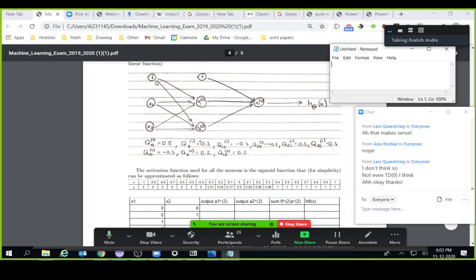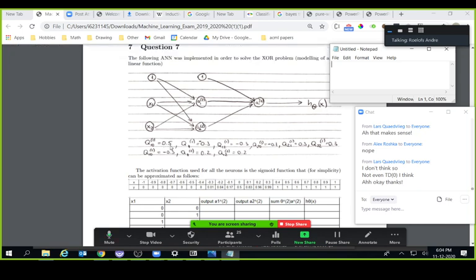the first input that we get from the input layer is the bias unit, and we can see here that the weight of the bias unit for the node A is 0.5, right?